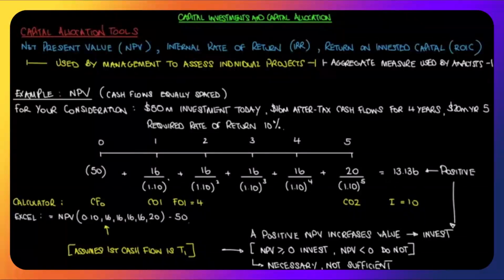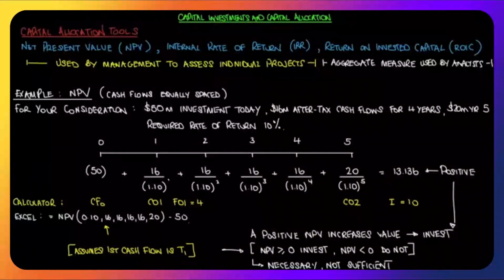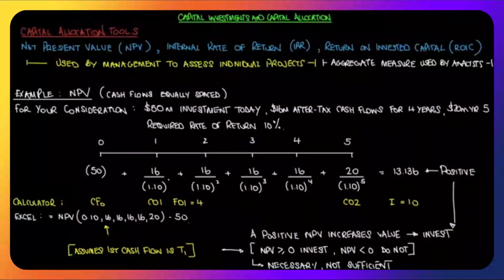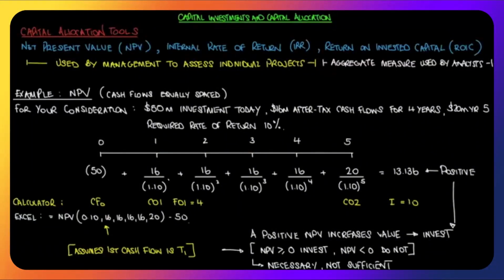As analysts looking from the outside in, we don't have that information. What we are restricted to really is looking at aggregated data in the financial statements. But what we can do from that aggregated data is calculate return on invested capital.